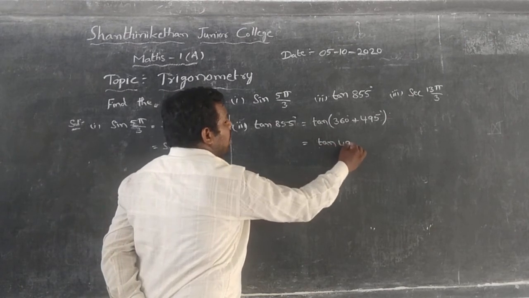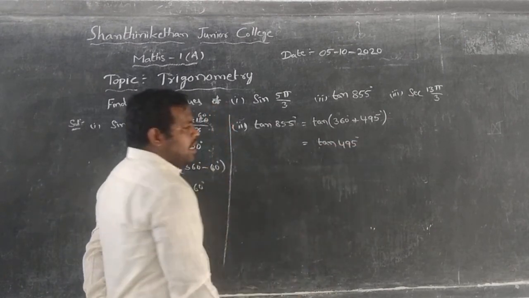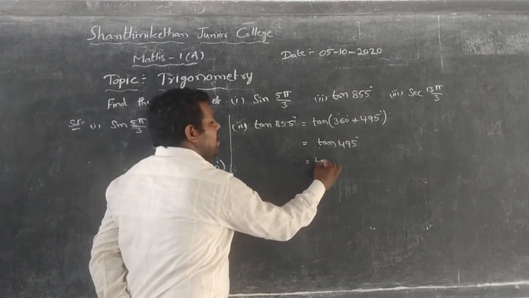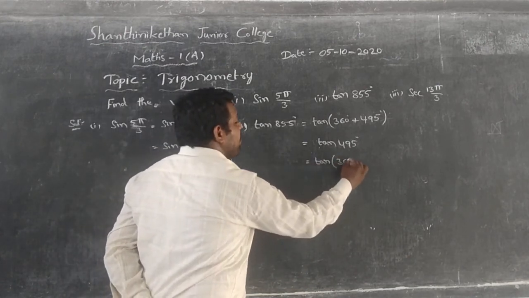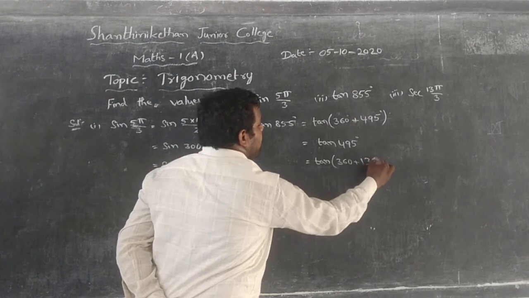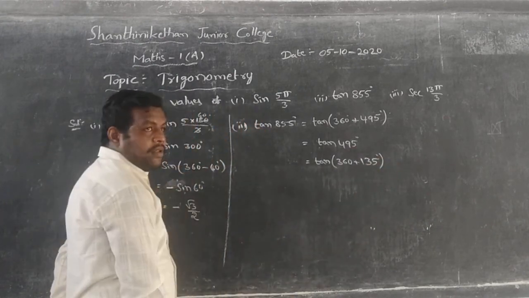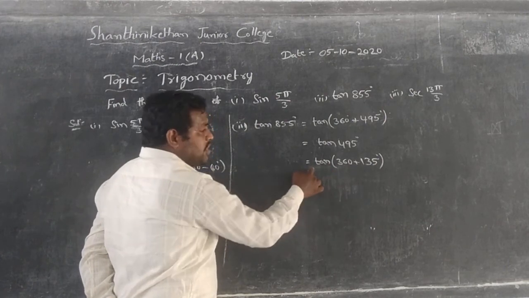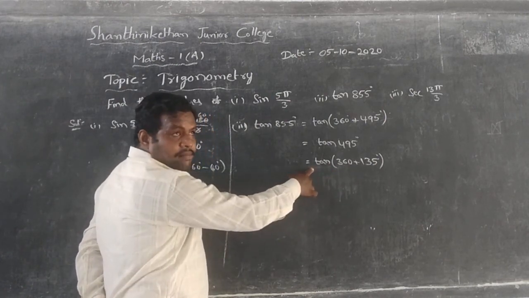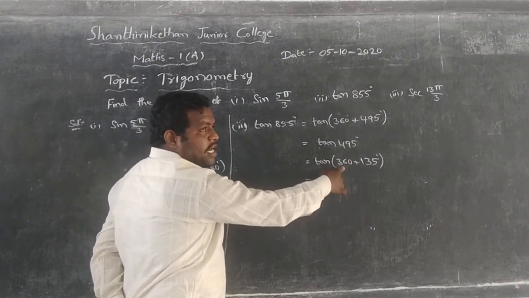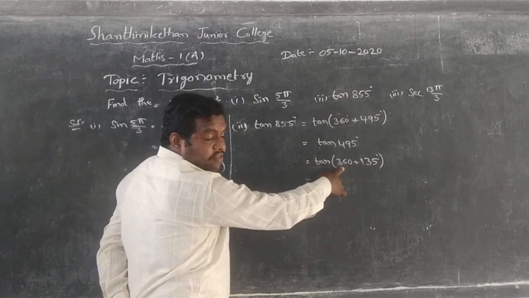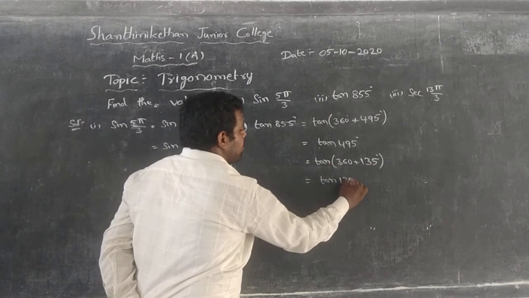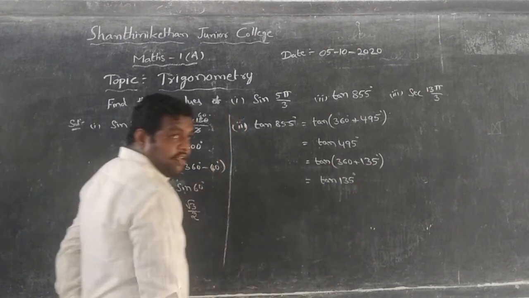Tan 495. Again 495 can be written by using related angles as tan of 360 plus 135. Tan 360 plus theta, again first quadrant. In the first quadrant all ratios are positive. 360 plus is an even multiple. If the angle is an even multiple, there will be no change. Tan 135. We don't know the value of 135 degrees.